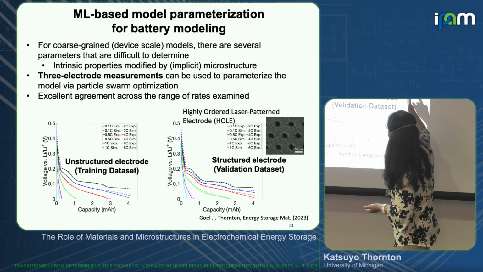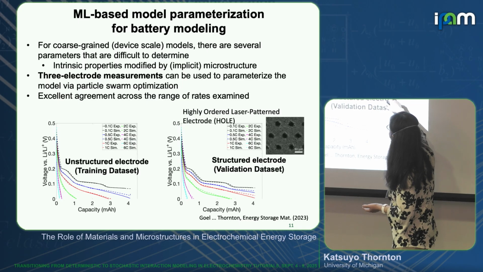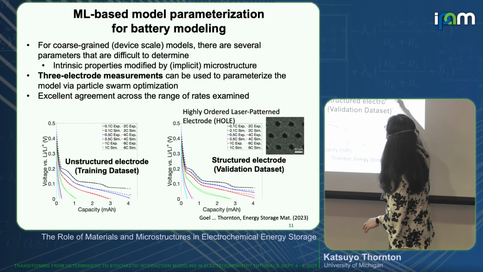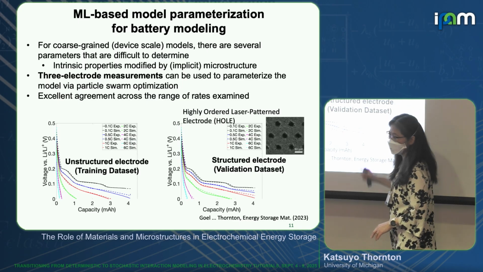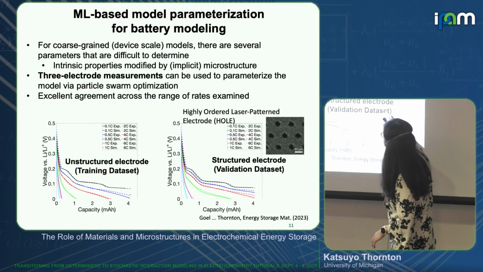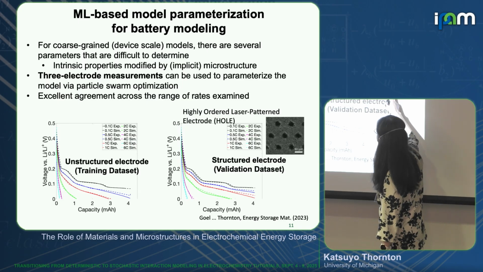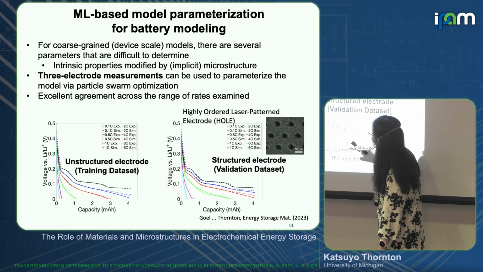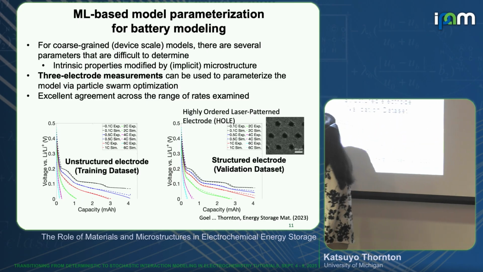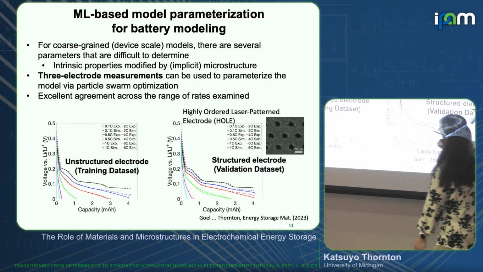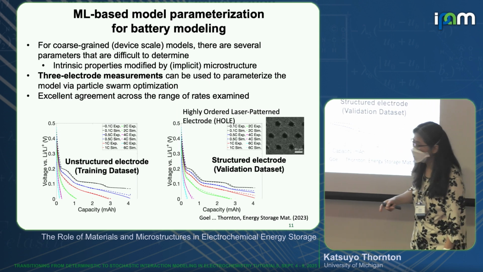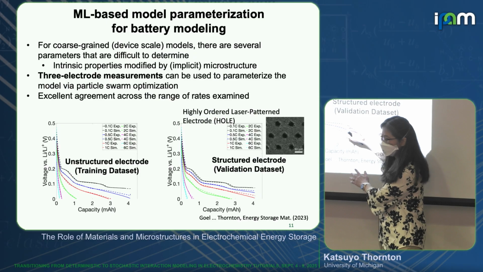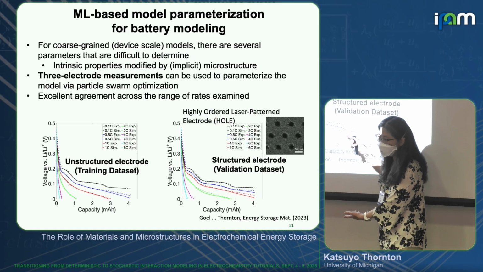The one thing our collaborators, Professor Neil Dasgupta's group, did was to make holes. We had the data from this type of anode, and then we just changed the geometry in the simulation and were able to match up. This was not training, this is really validation data, right?